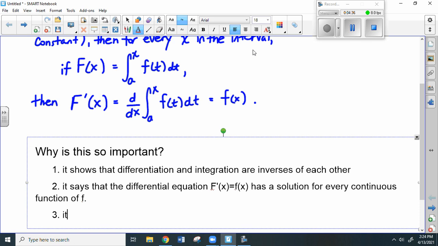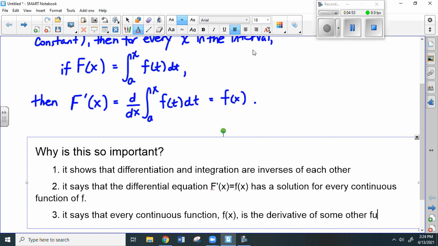It says that every continuous function f of x is the derivative of some other function, in our case the integral of f of t.